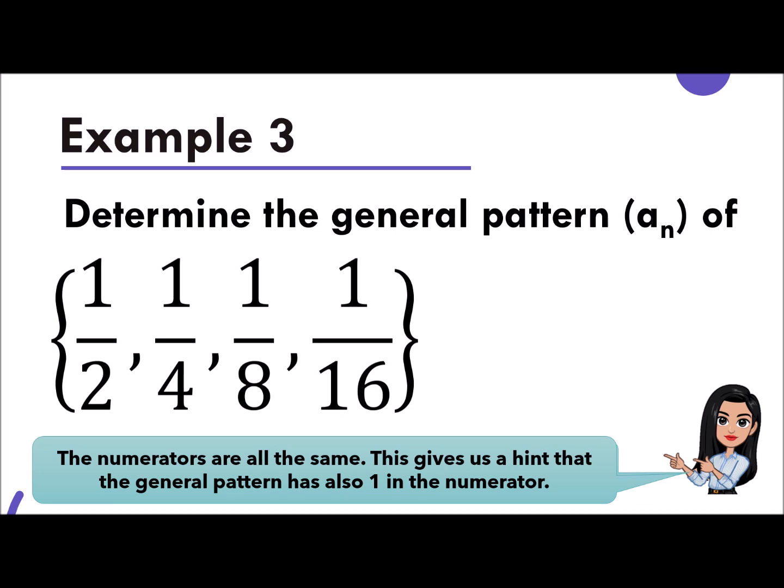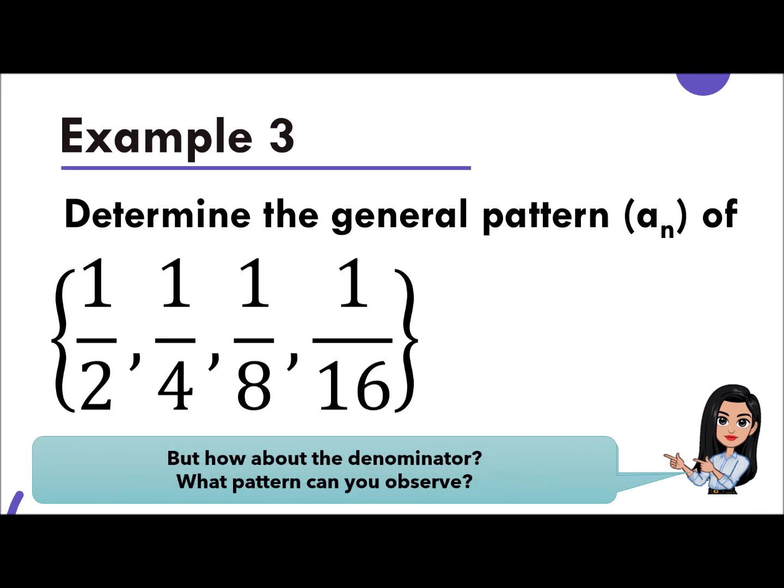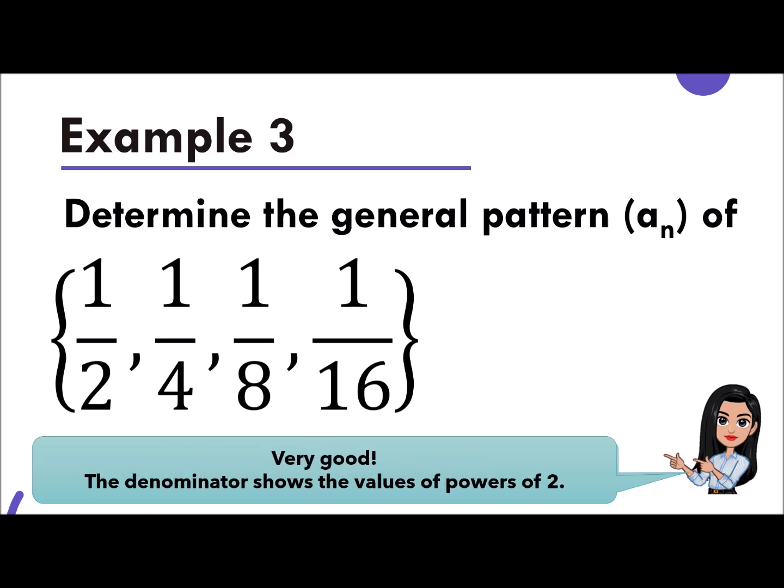Why is it that 2 became 4, then 4 became 8, and then 8 became 16? Do you have any idea? Very good. The denominator shows the values of powers of 2. What does it mean?